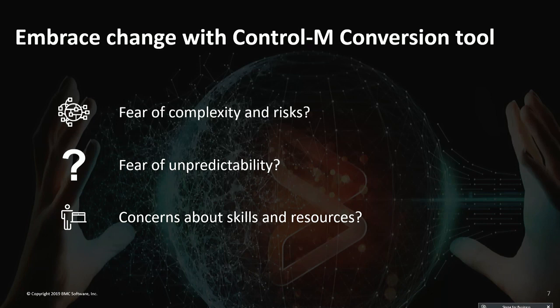First of all, complexity and risk may be reduced because the conversion tool takes you through a phased approach. You can break your project into smaller phases that you can better manage, you can better control. And so on each phase, you can have a clear view of what you need to do.